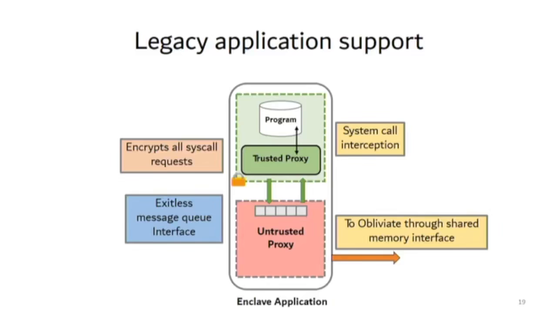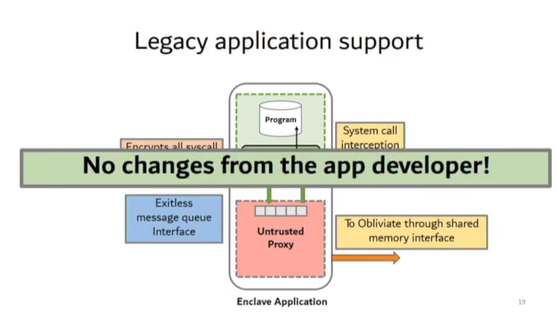The enclave is still running in the background, but we make sure that we pass the messages through a message queue onto the untrusted part, which is going to use a shared memory interface already implemented within modern operating systems to send all the data through to the Obliviate enclave, which is going to handle all file system operations for you. So again, the second point is that there should not be any changes from the application developer at all.